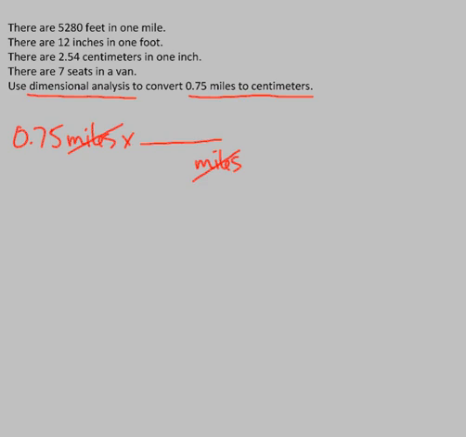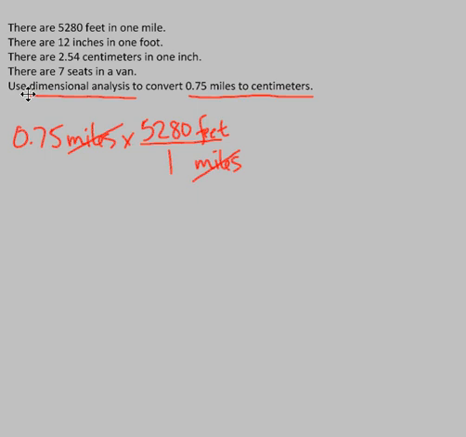The question says there are 5,280 feet in 1 mile. So I've made a ratio, 5,280 feet over 1 mile, and I've set it up in such a way that the word miles cancels out.